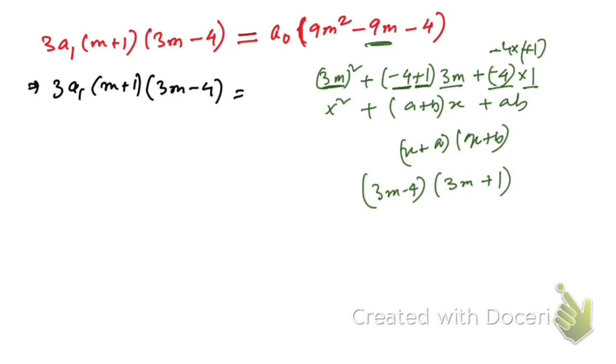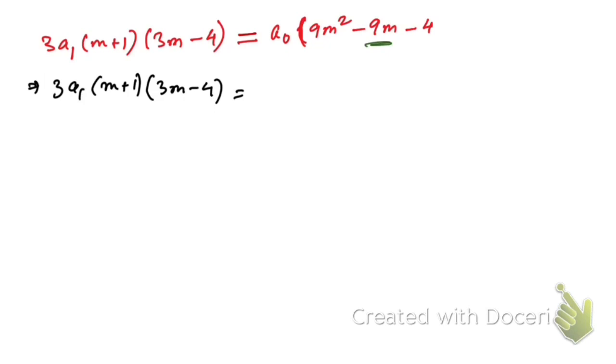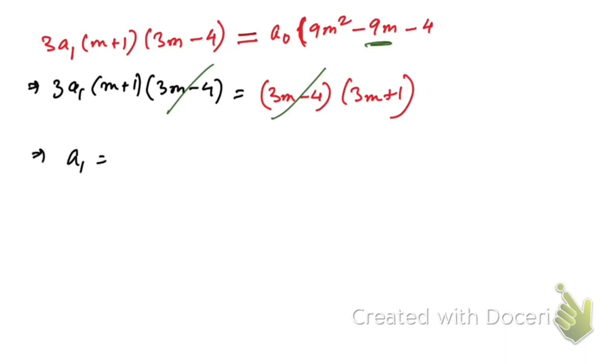So now let me write this result here. So what we have got, (3m − 4) and (3m + 1), right? So here these two cancel, 3m minus 4, 3m minus 4 gone. So we have a_1 is equal to, sorry, I have missed the a naught here, there should be a naught.